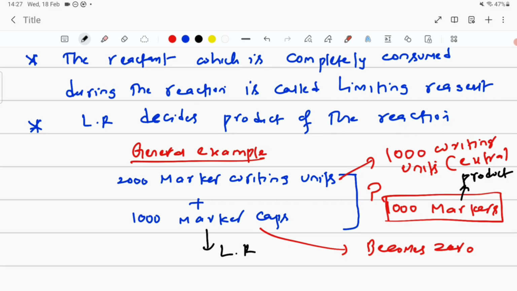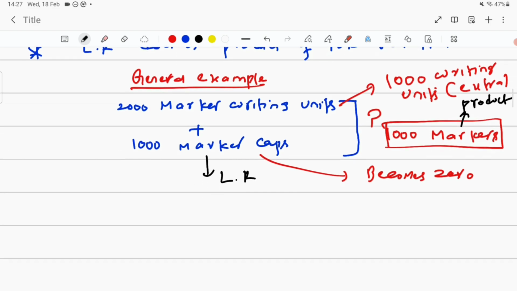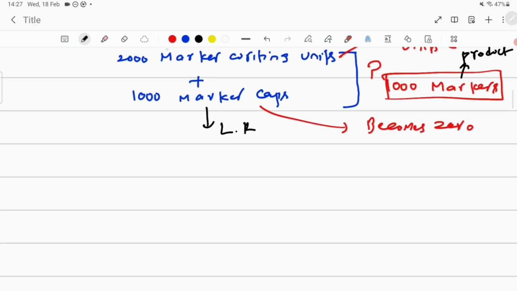Hence that decides the product formation. But how do we identify the product, or you can say the limiting reagent, in a given reaction? Let us take one example and observe it.